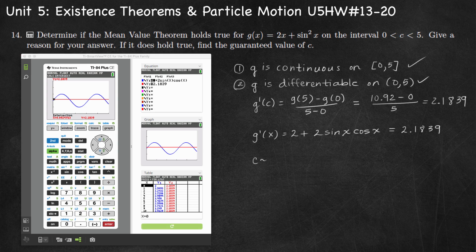So we have c is approximately 0.092. Okay, the next one, 1.478.